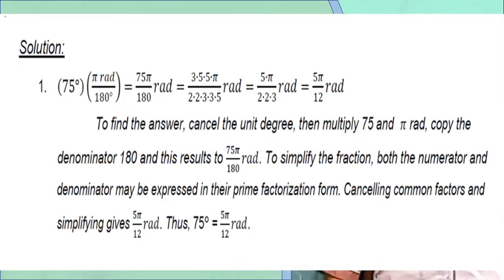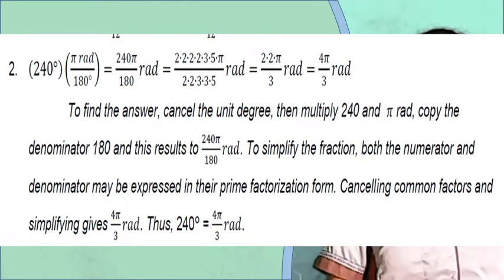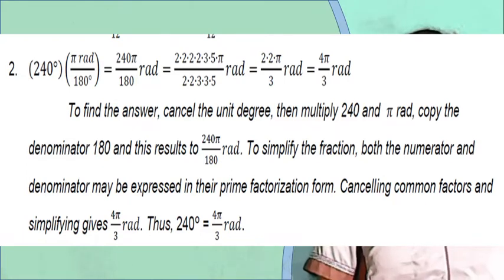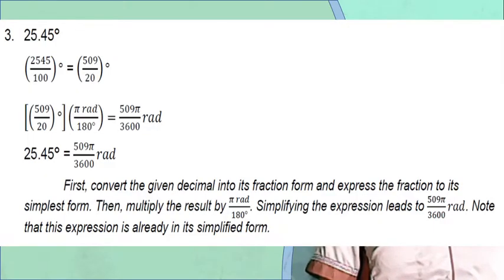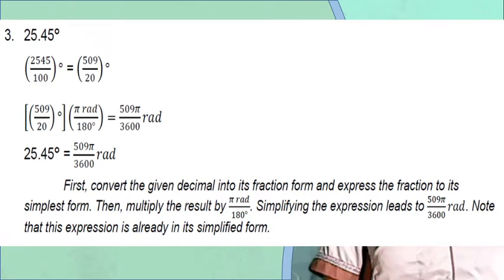Try to check number 2. That's 240 degrees. If converted to radian, did it follow the same method? Try to observe and check your modules. How about number 3? What is the process used on number 3? Is it the same with number 1 and number 2? Try to check the solution on number 4.